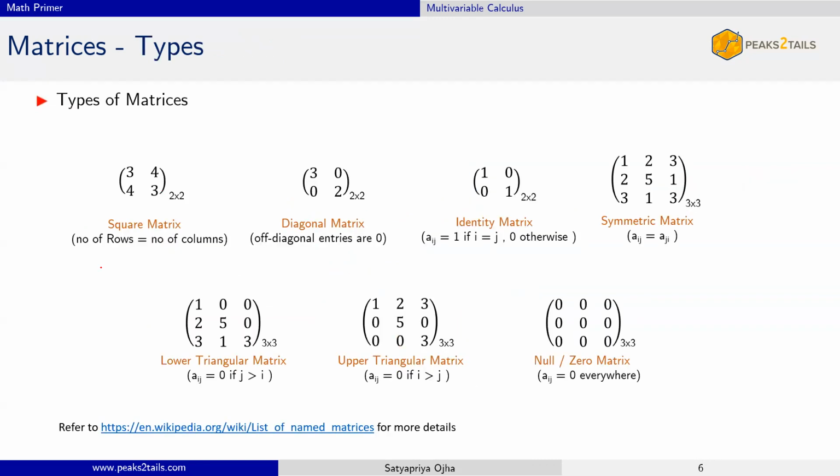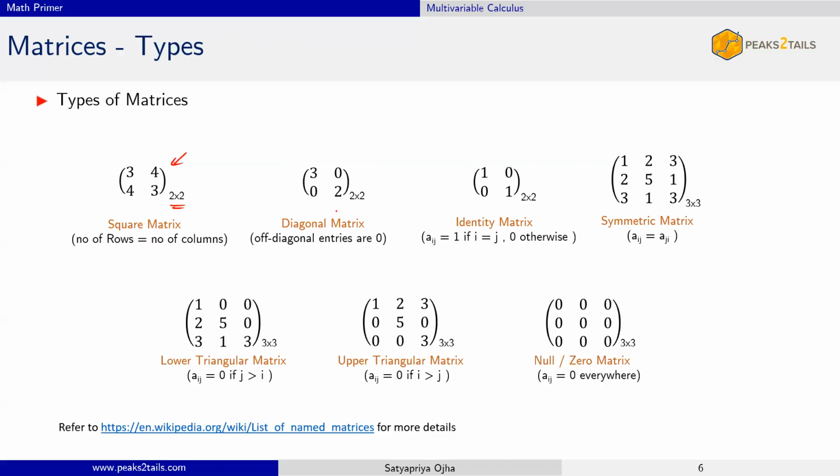Different types of matrices. We have the square matrix. As you can guess, what is a square matrix? A square matrix is one which has the same number of rows as columns. It'll be m cross m. Diagonal matrix: a diagonal matrix is one where all the off diagonal entries must be 0.